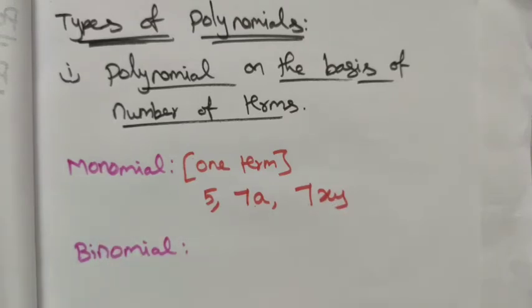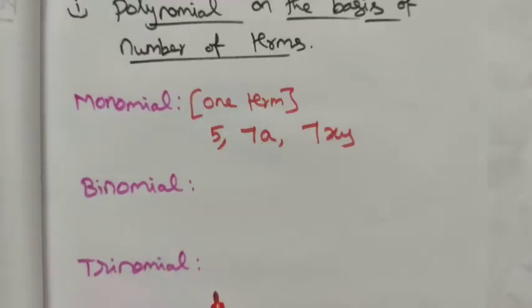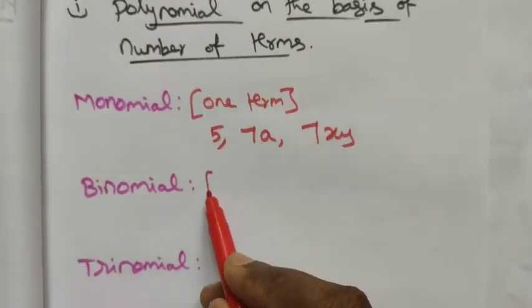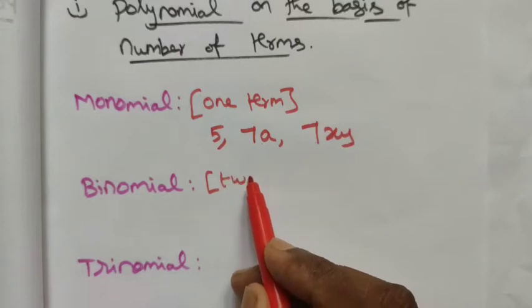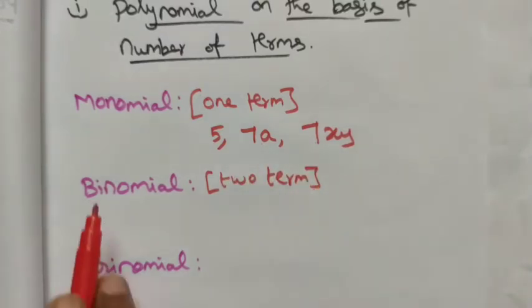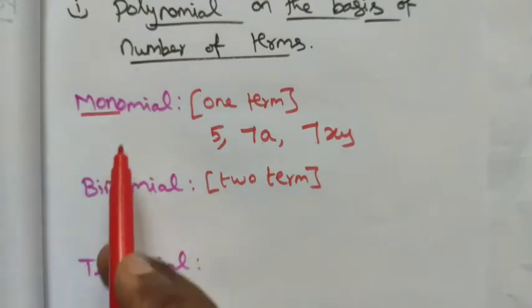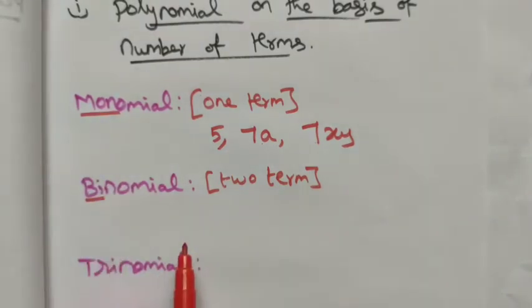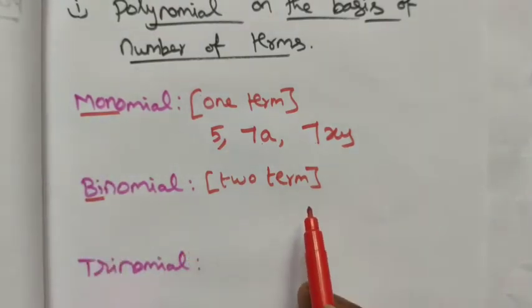And then the next one, binomial. In this binomial we have bi means two, right? Mono means one, bi means two. Here the polynomial having two terms is called a binomial. The two terms can be separated by the operation of addition or subtraction.